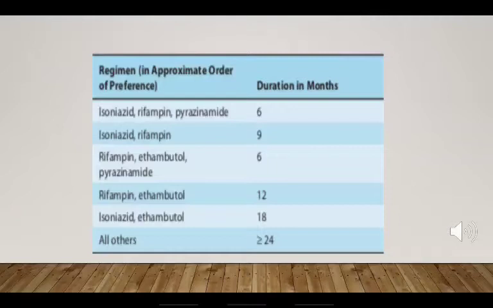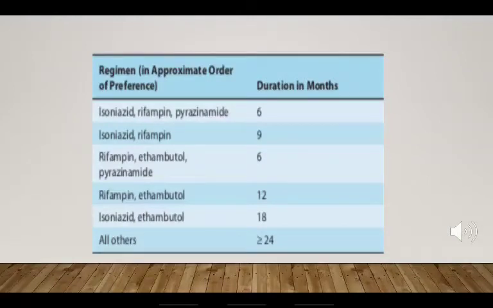Okay, so as you see from this diagram, we have different regimens to treat mycobacterial tuberculosis. And as you can see, sometimes we have 3 agents like isoniazide, rifampicin, pyrazinamide. Sometimes isoniazide with rifampicin, rifampicin with ethambutol, and 2 different combinations. But I need you to pay attention to the duration of treatment.